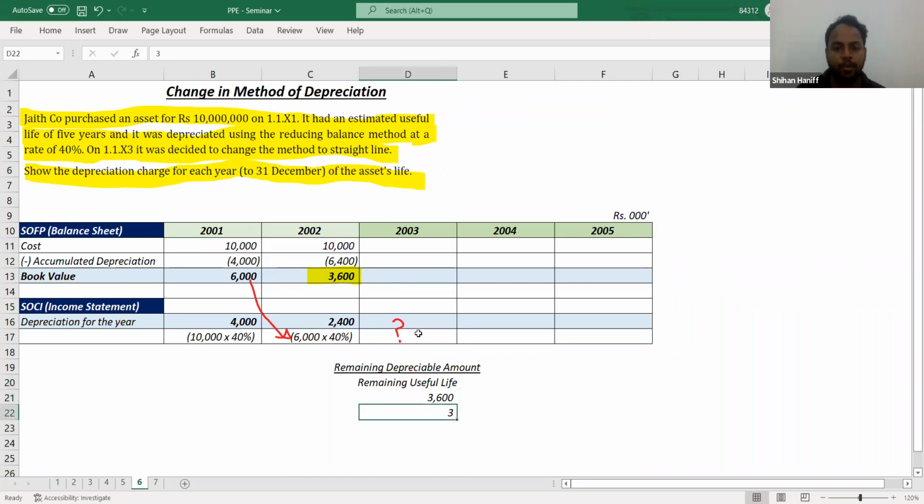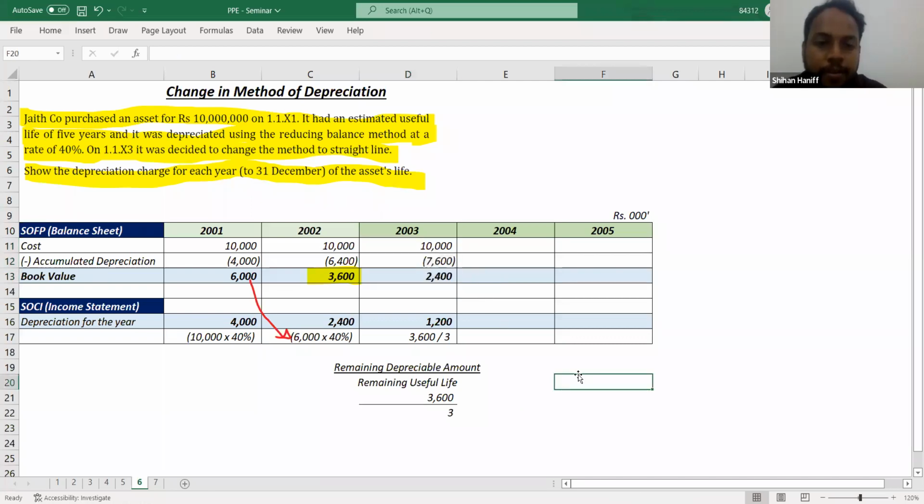So depreciation is 3,600 divided by 3, which is 1,200.